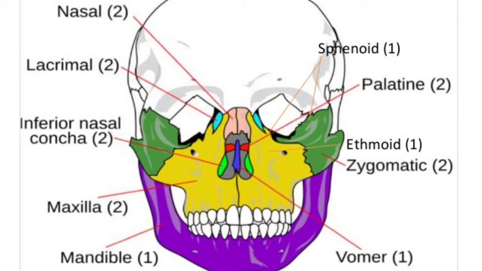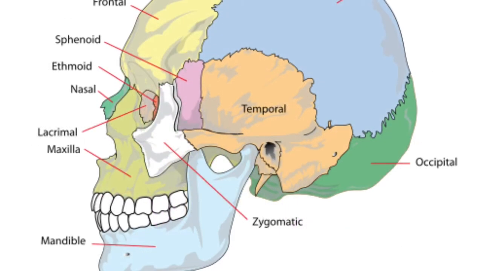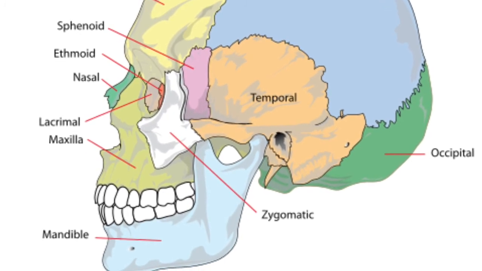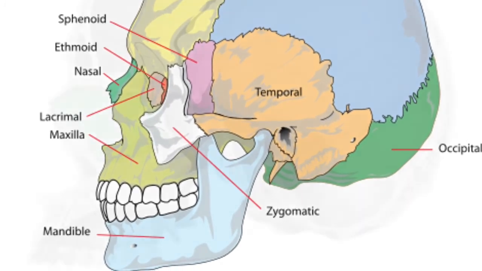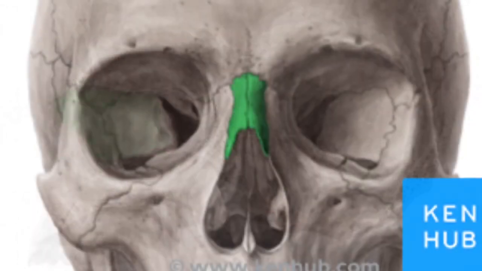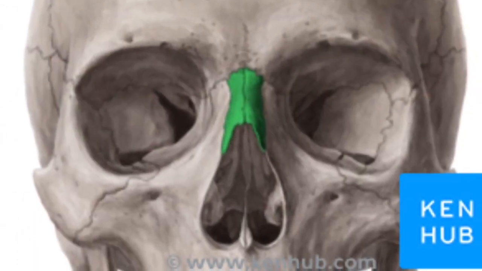Now we will move on to the anatomy of the midface, which is composed of the ethmoid bone, the nasal bone, the zygomatic bone, and maxillary bones. The ethmoid bone is a complex bone and is part of the floor of the cranium, and it contains some of the sinus cavities.